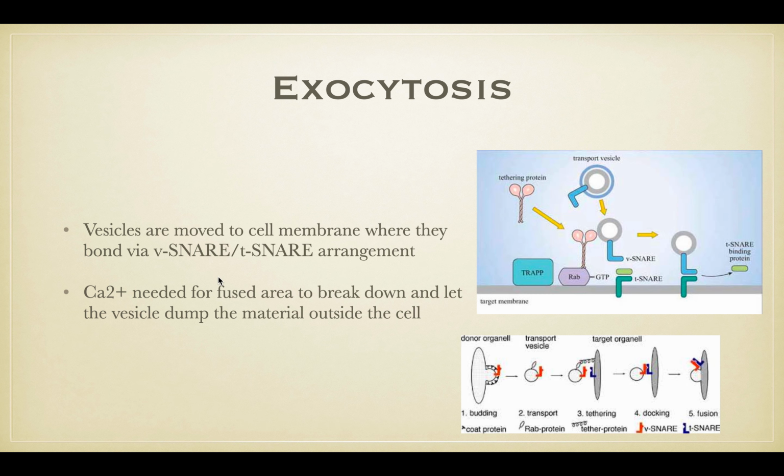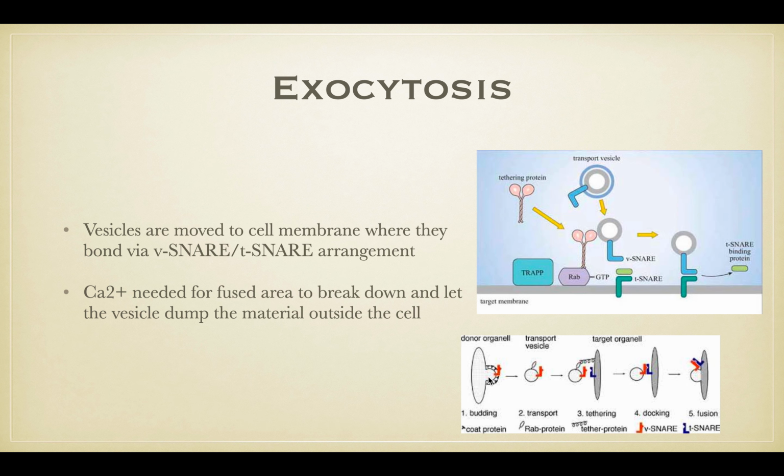Exocytosis usually uses the V-SNARE or T-SNARE arrangement, where a SNARE protein will bind to a receptor, and these receptors need calcium in order for the fused area to break down and allow the vesicle to come in.